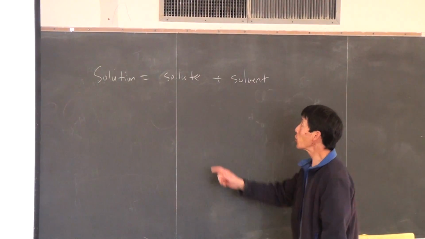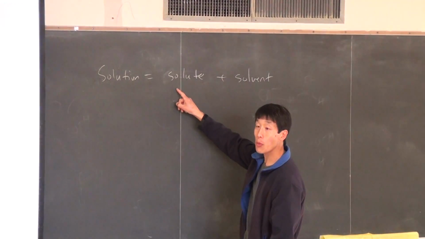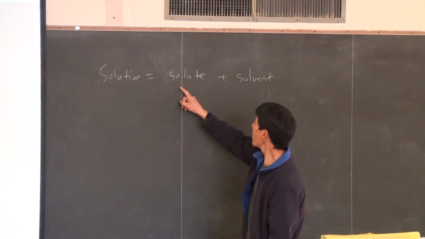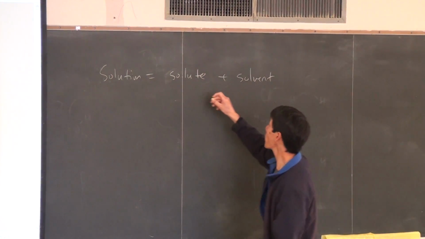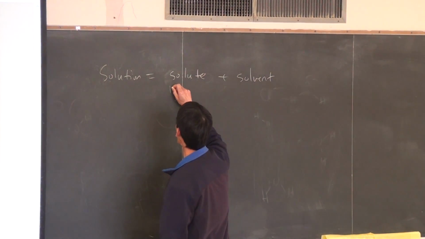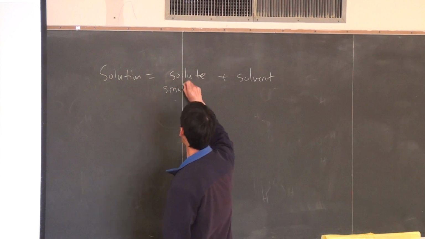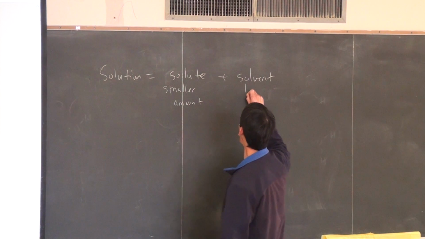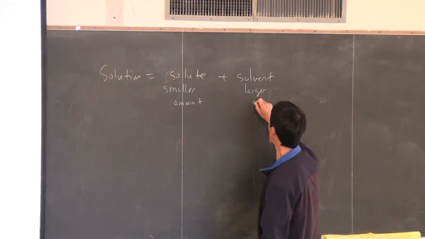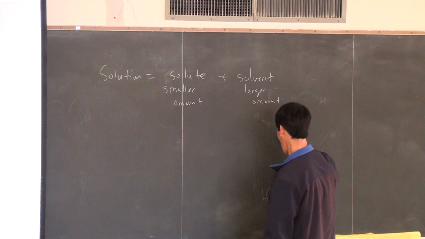So the solute can be defined as a substance present in the smaller amount, and the solvent is a substance present in the larger amount. Okay, so this is the smaller amount, present in the larger.